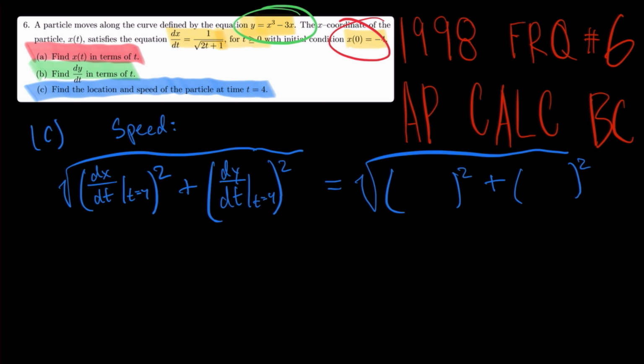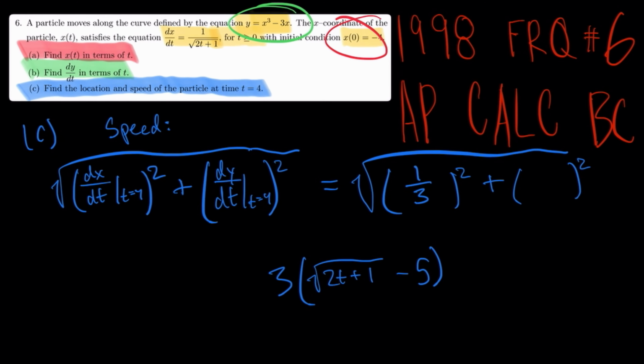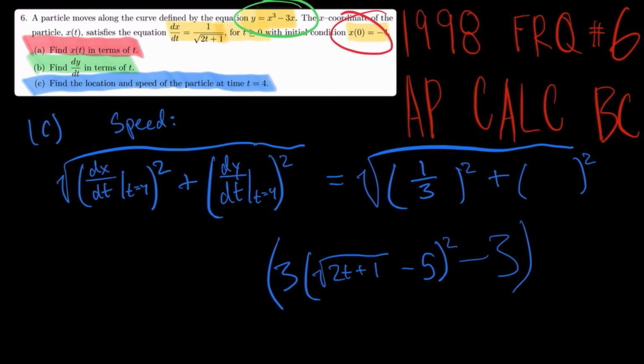So just doing this into dx/dt at t equals 4, that would be 1 over the square root of 9, that's 1/3, so 1/3 squared. And then for dy/dt, we can use our expression of dy/dt from part B to solve this. So I believe we had 3 times (the square root of 2t plus 1 minus 5) squared minus 3 times dx/dt.